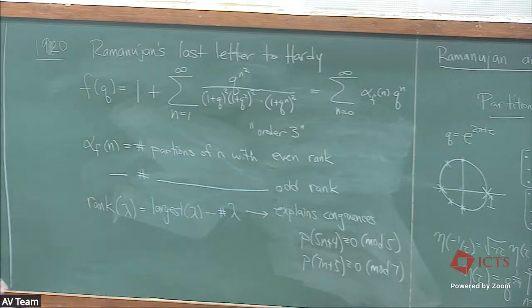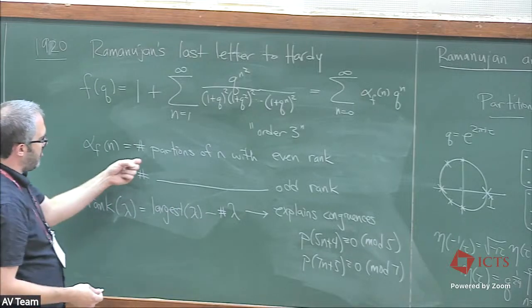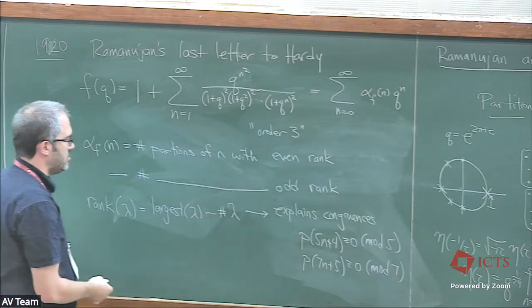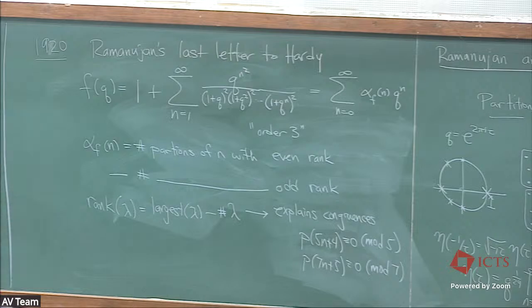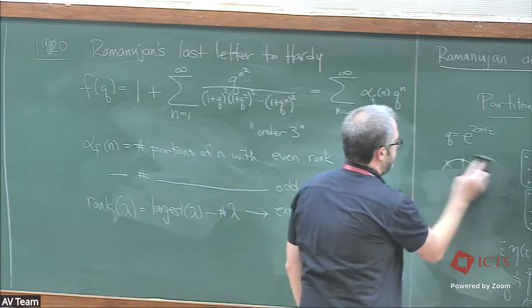There's a third one for 11 that is not explained by the rank. And there's a great story there that I will not be getting into today. But there's a cool story there. So the rank is something that, like I said, explains the congruences. And if you count the number of partitions of n such that the rank is even, and then subtract the ones that are such that the rank is odd, you get the coefficients of f of q. So certainly there is something interesting going on here.